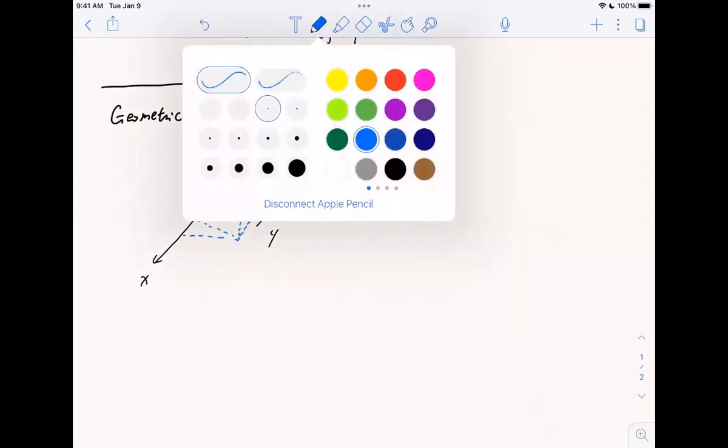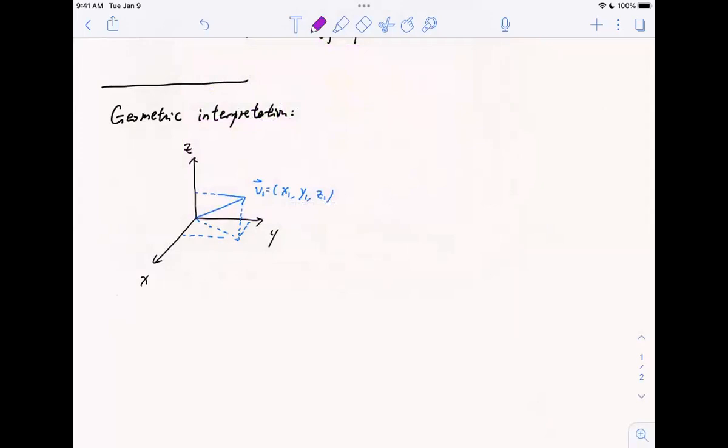Then you have another vector. Let me use this color. Let's say something like this, so you have v2, x2, y2, z2.